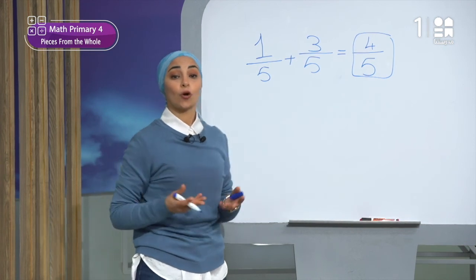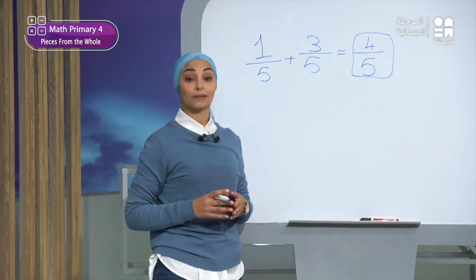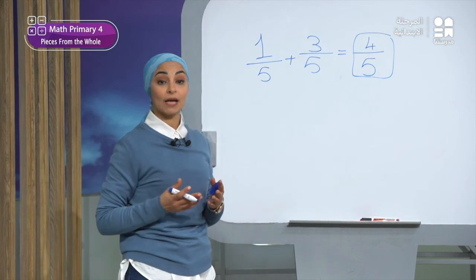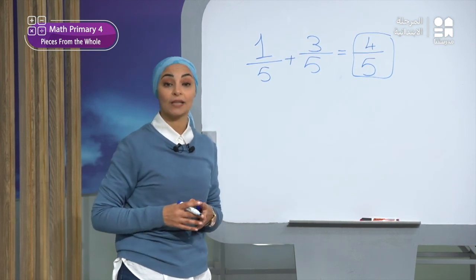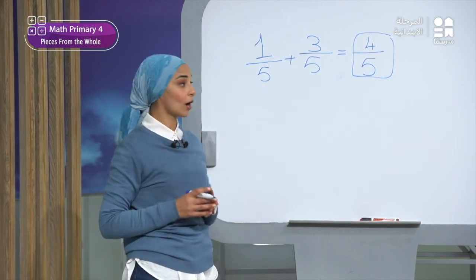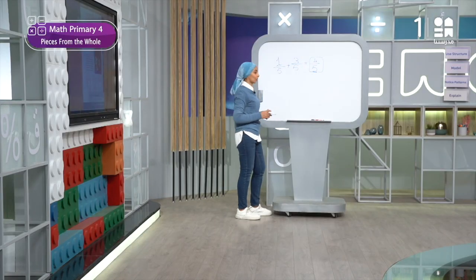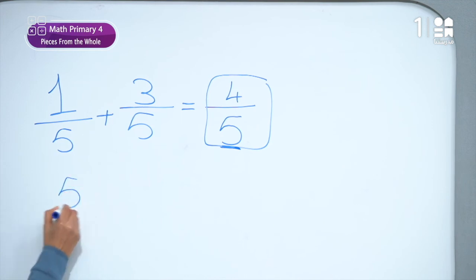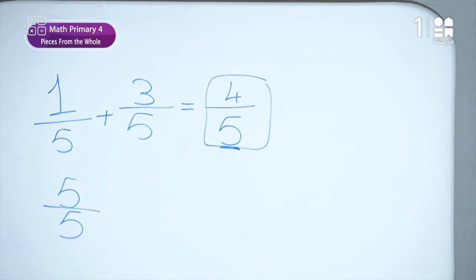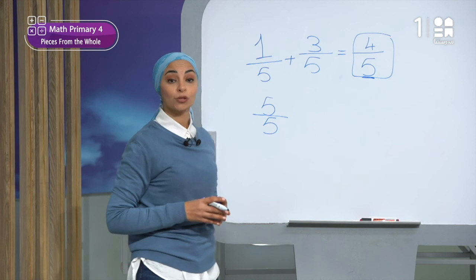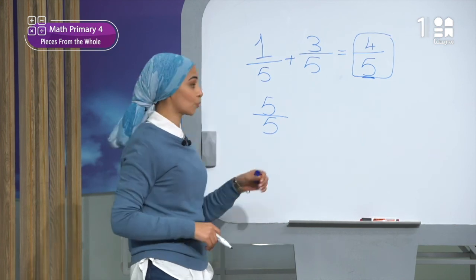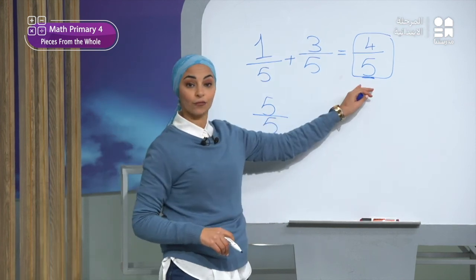From what we have learned, we know that one whole bottle represents one whole, so what is its fraction? 5 over 5. Why did I choose 5 over 5? Because my denominator is 5. She now needs 1 whole, which means she needs to have 5 over 5. So what should I do? I will find the difference between 5/5 and 4/5.